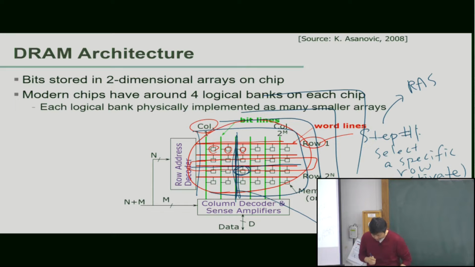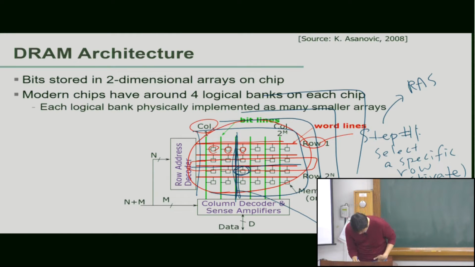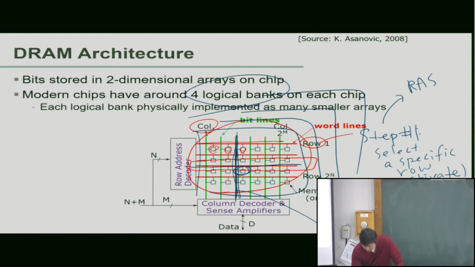That's basically what banks are about. Modern chips have 4, actually more than 4. This is an old version. Today's chips have 8 to 16 banks internally. This is called bank parallelism, because now we can access multiple arrays or multiple banks simultaneously.